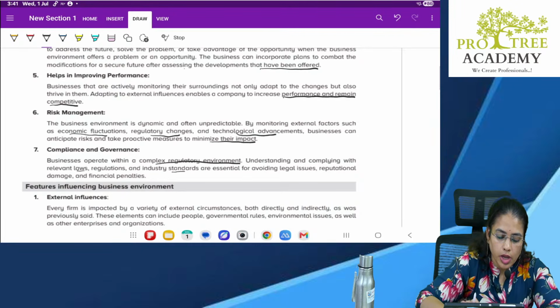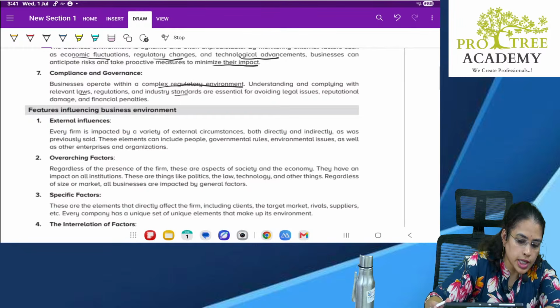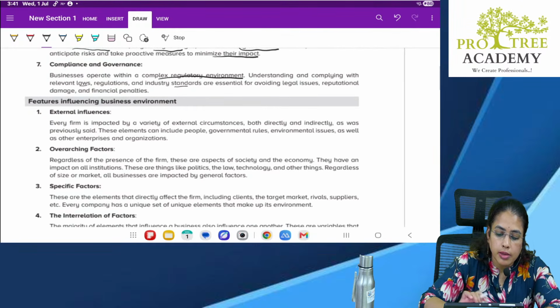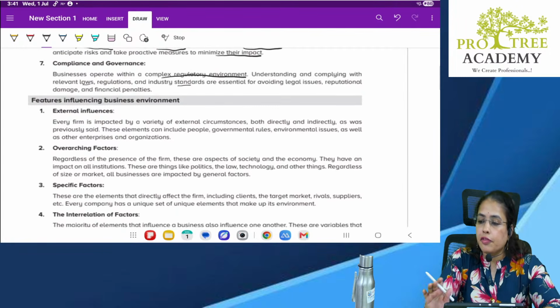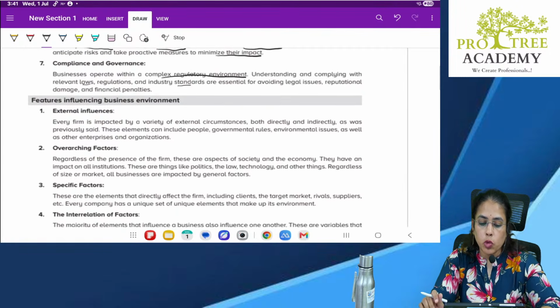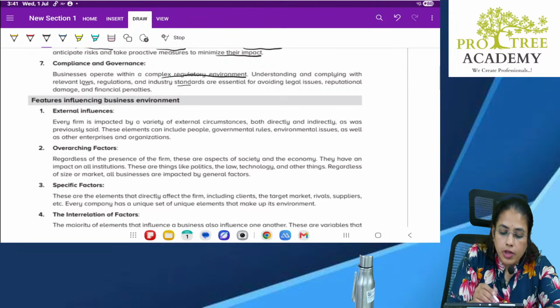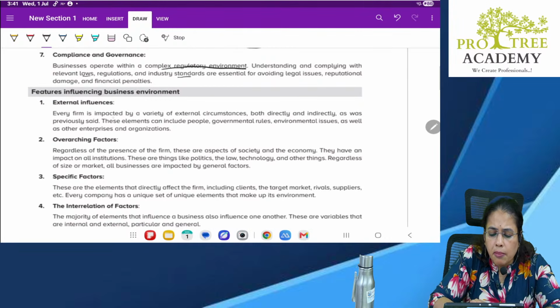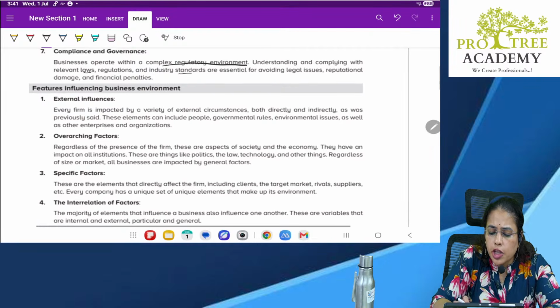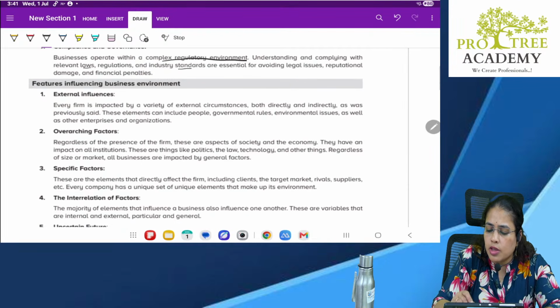Now, features influencing the business environment. What are the different features which influence the business environment? First one is external influence. Every firm is impacted by a variety of external circumstances, both directly and indirectly.